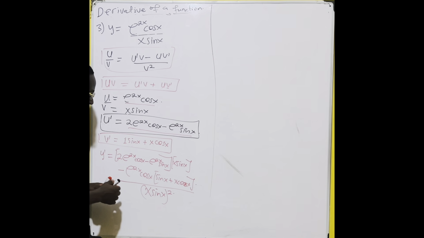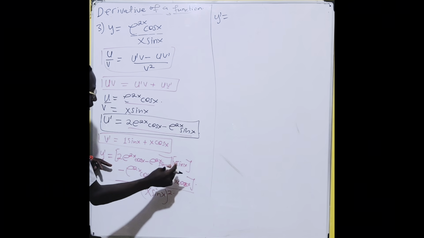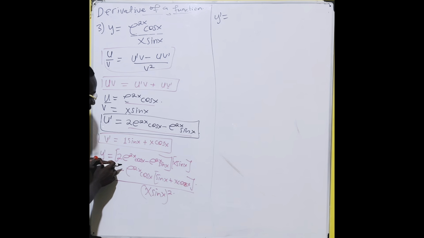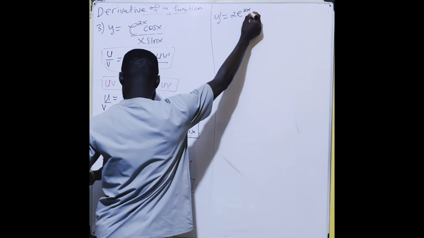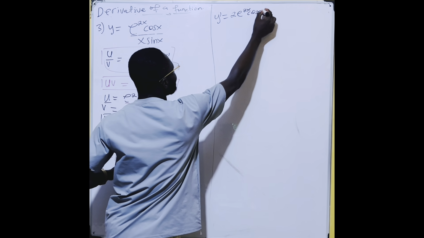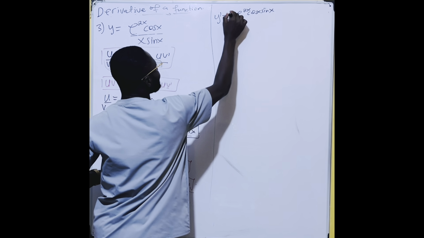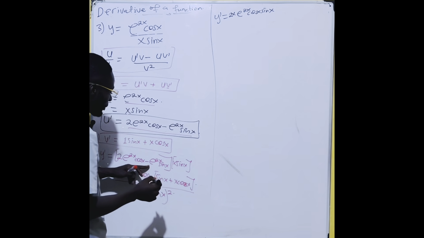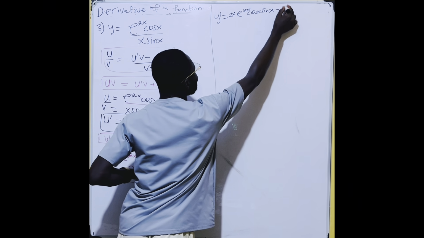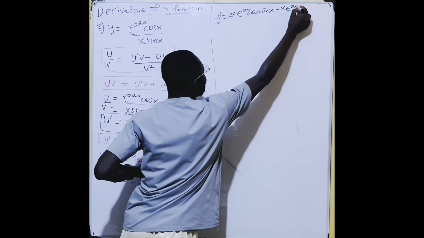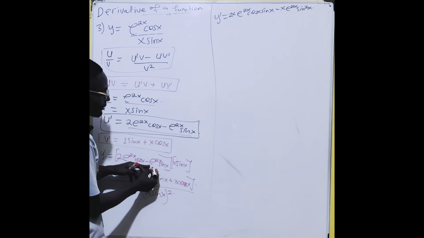So here we're going to have y prime equals, when you try to expand these brackets, 2e to the 2x cos x sine x, right? Then we have minus x e to the 2x sine squared x, right? This and that.